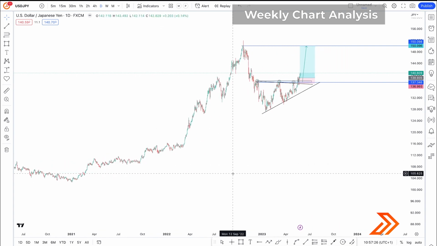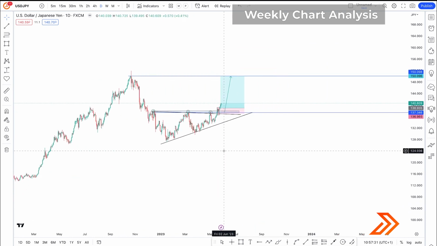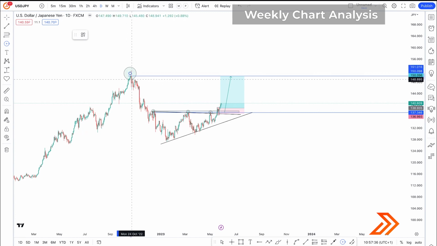And then we had the high that USD JPY formed here, before we had that correction on price from this high here.